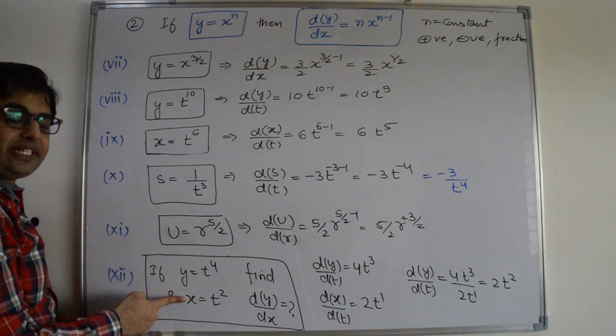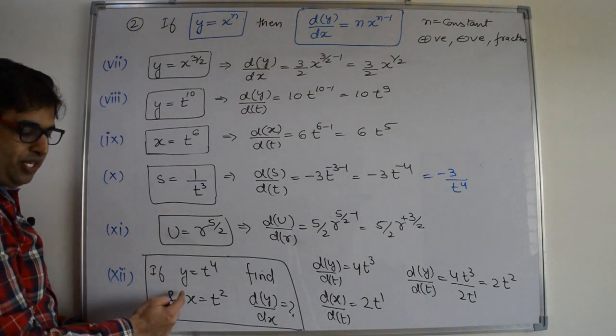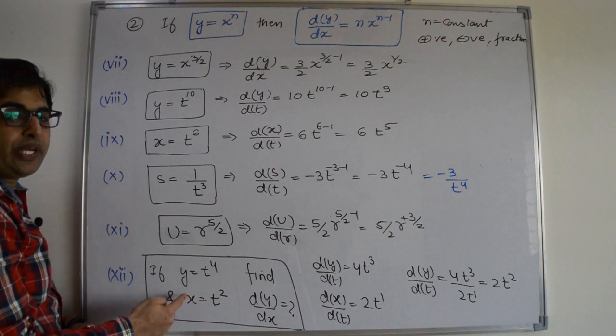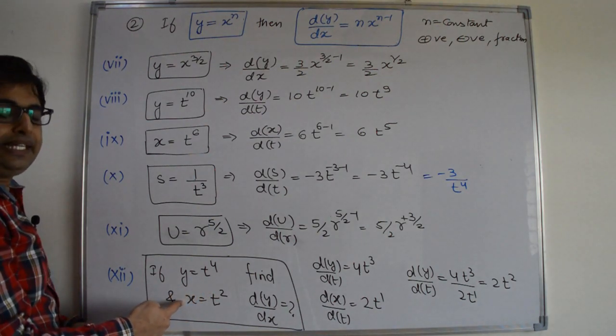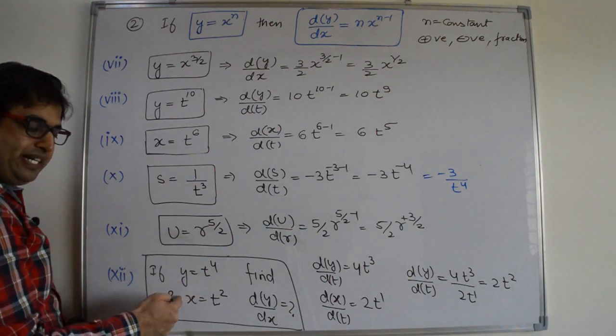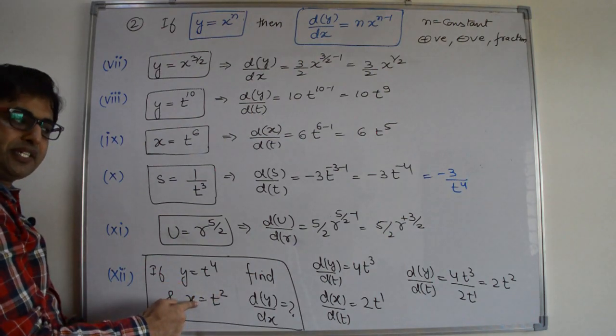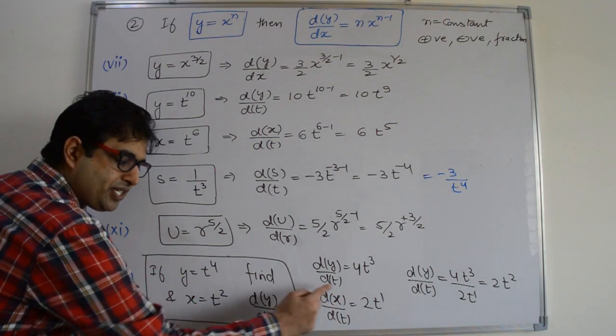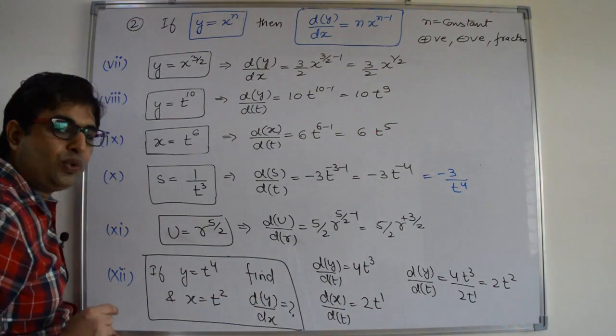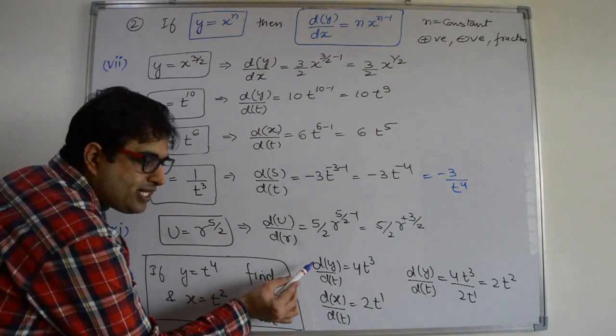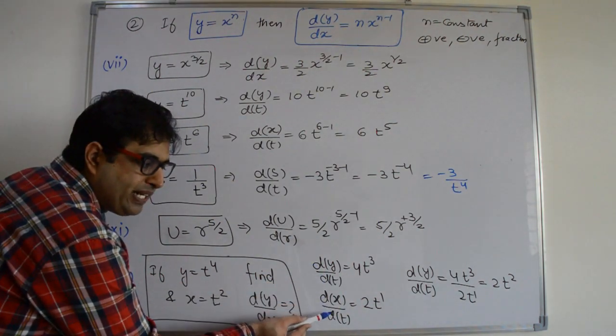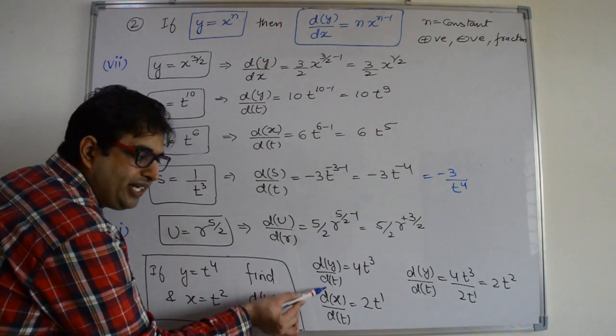Here you can calculate dx by dt because x depends on t. For dx by dt, the power 2 will come in multiplication, and 2 minus 1 makes the power 1. Now you can see this is dy by dt, this is dx by dt. Both have dt in the denominator.